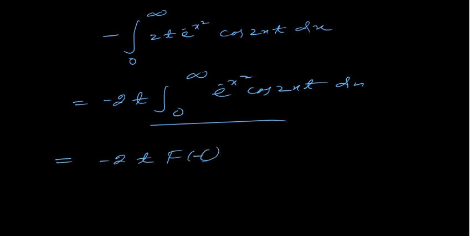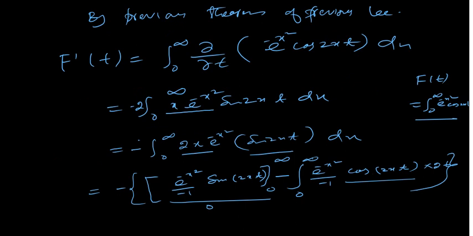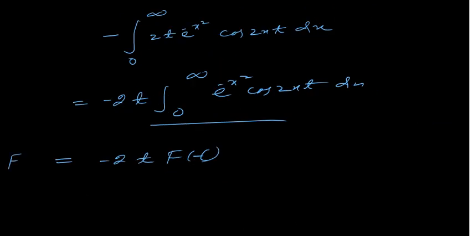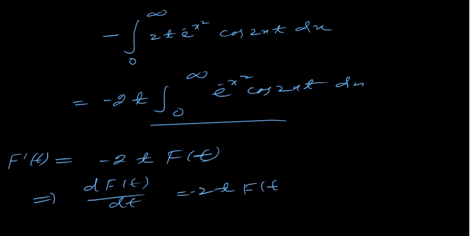So this is very important. So f dash t is this. Now it's a differential equation, so you can write f dash t as df of t over dt is equal to minus twice t f of t.